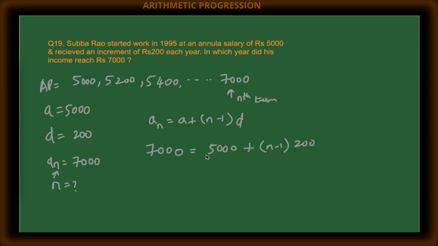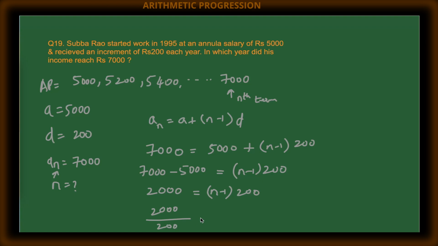Let's bring this 5000 over, so 7000 minus 5000 becomes 2000, equal to n minus 1 into 200. Let's put it this way: 2000 divided by 200 is equal to n minus 1.